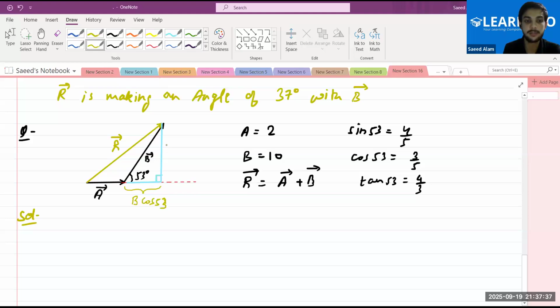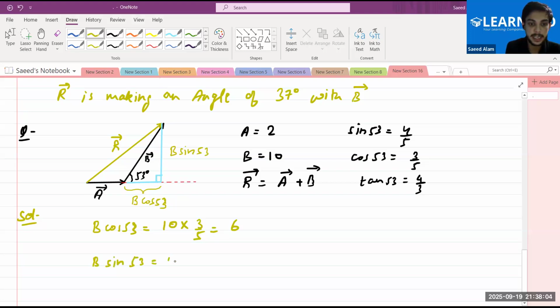And this perpendicular one, the straight one, will be written as B times sine 53. Yes or no? Yes. So ultimately, what I can write here is B times cos 53, which is equal to 10 times cos 53, and cos 53 is nothing but 3 by 5, so that leads to 6. And B times sine 53 will be 10 times 4 by 5, which leads to 8.